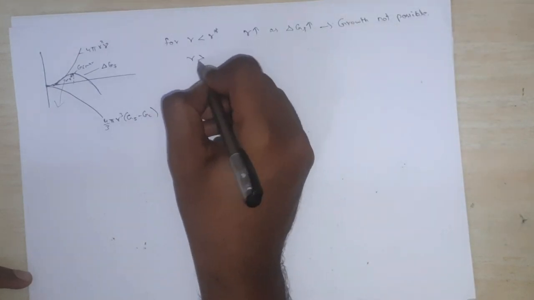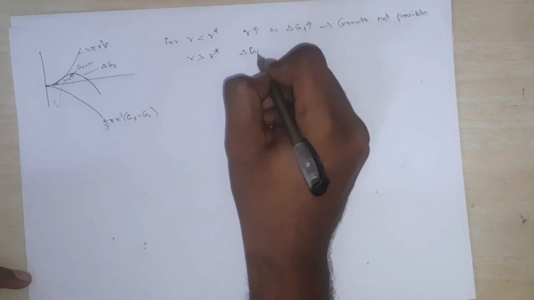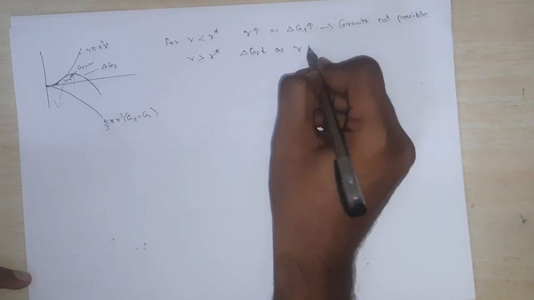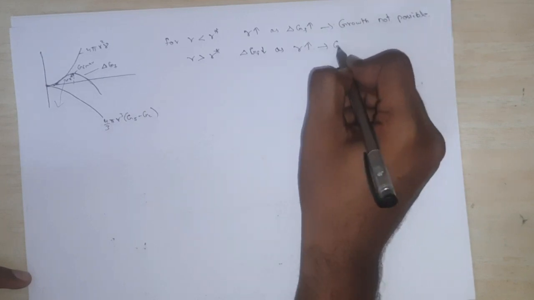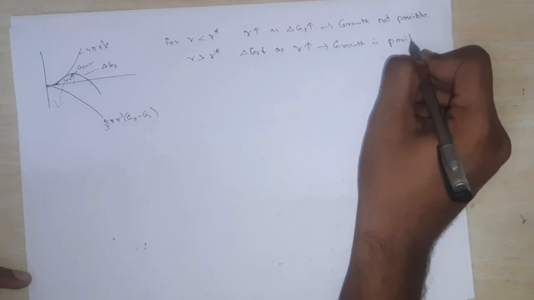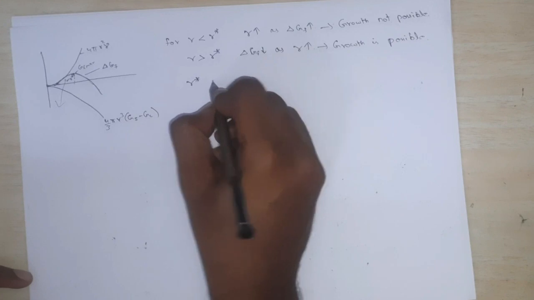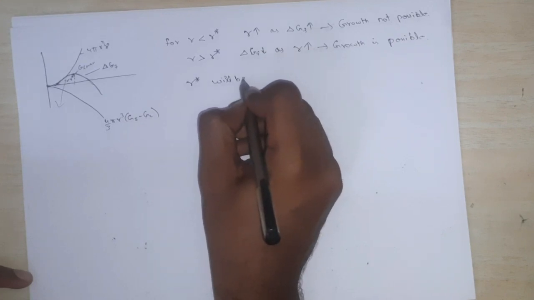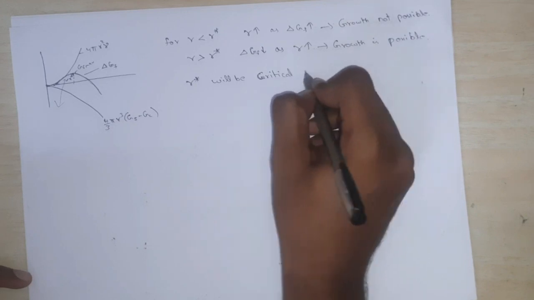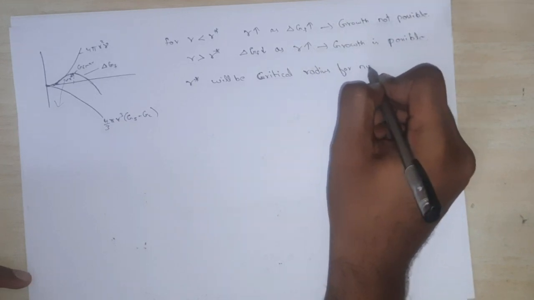And for r greater than r star, delta Gf decreases as r increases. So in this case, growth is possible. So r star will be the critical radius for nucleation.